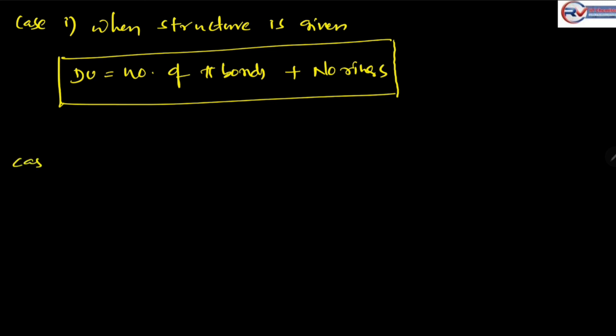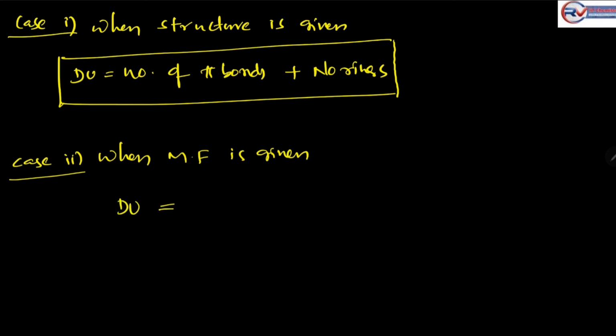In case 2, when the molecular formula is given, its DU is calculated by DU equal to C plus 1 minus (H plus X minus N) by 2.